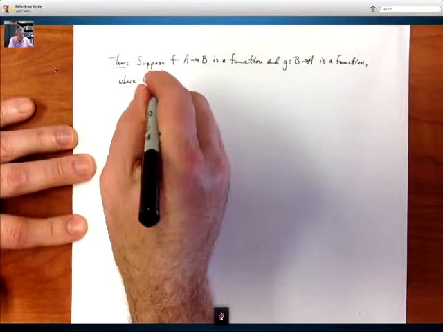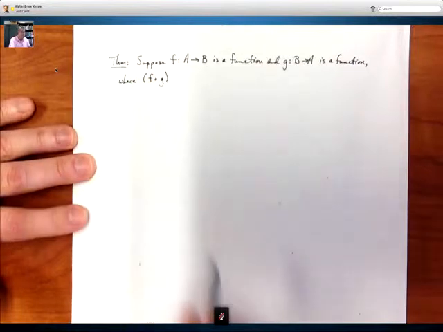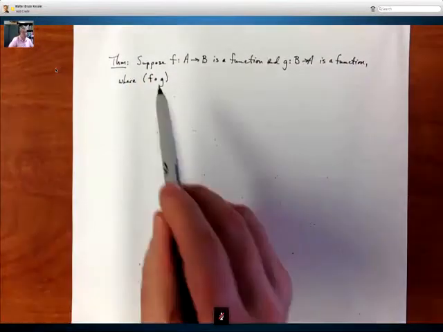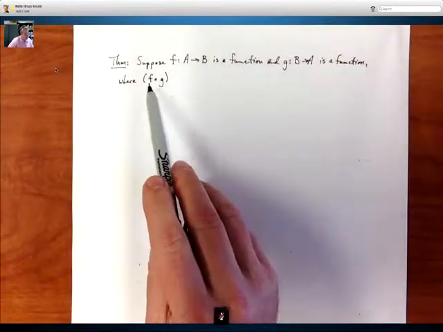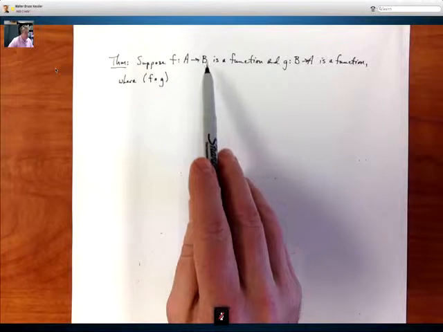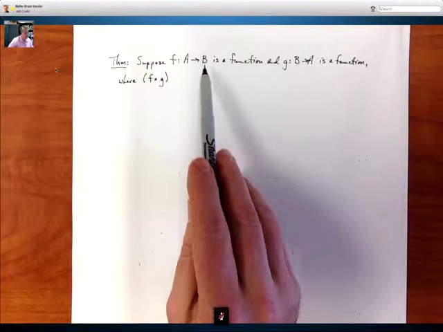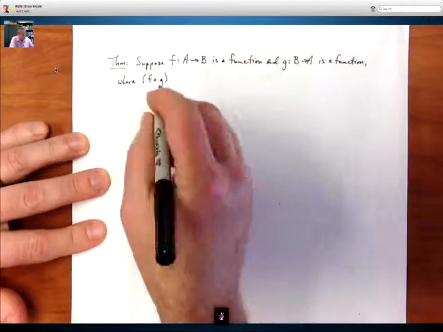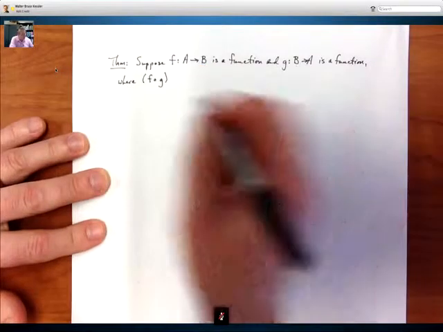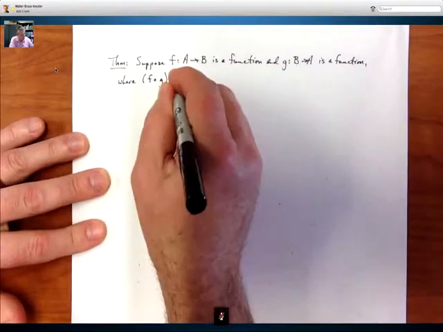Where, if I look at f composed with g, now where does this end up? We take something, f lands in B. So when this is all said and done, I end up with something in the set B. But now g starts with B, right?